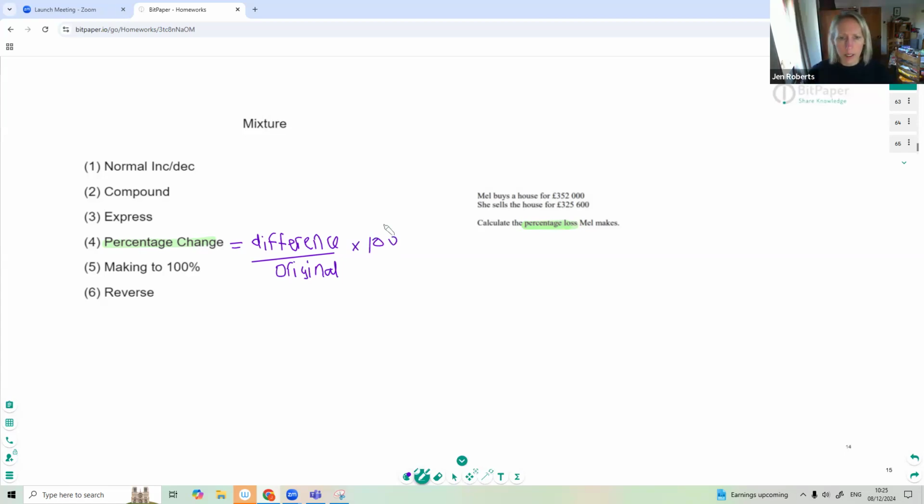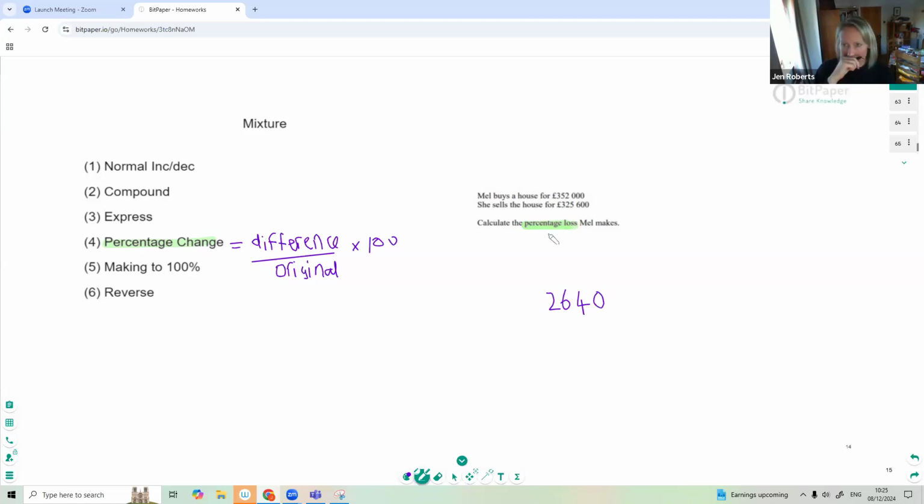So what's the difference here? 325,600 minus 352,000 is 26,400. So make sure it's percentage loss, isn't it?